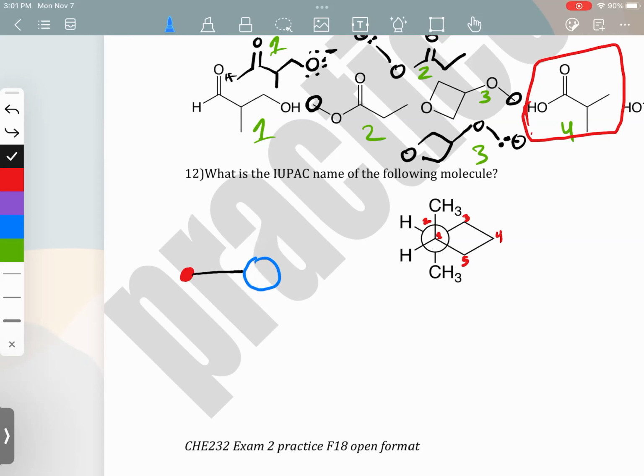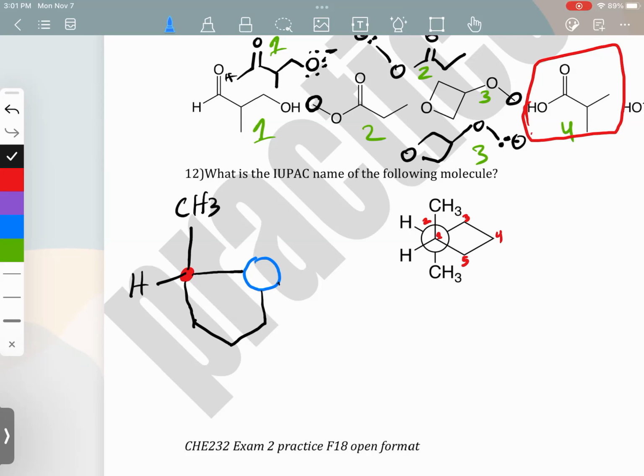There, that's better. First carbon has a CH3 and a hydrogen.